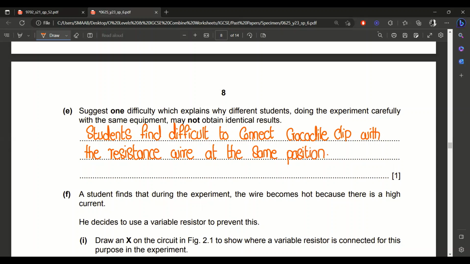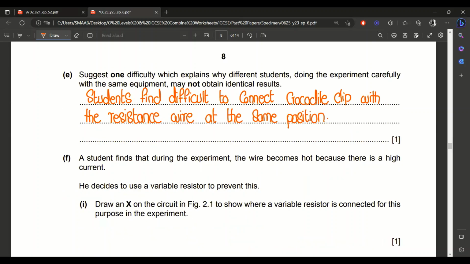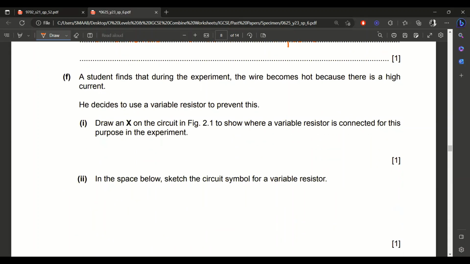So that is the problem, right? And further part F, because all questions are of 1 mark, you just need to write only one, or give only one reason. So that is not very difficult.